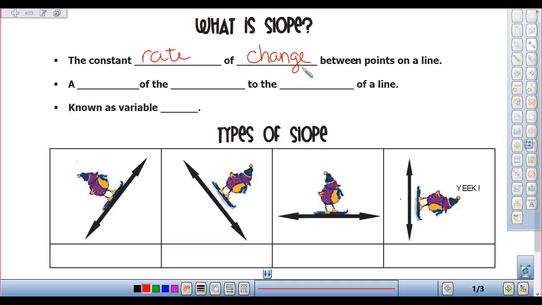Okay? Does anyone remember when you're given a graph how you find slope? Rise over run, you bet. So it is a ratio. And remember our ratio here is a fraction. So it's a fraction of the rise to the run of the line.